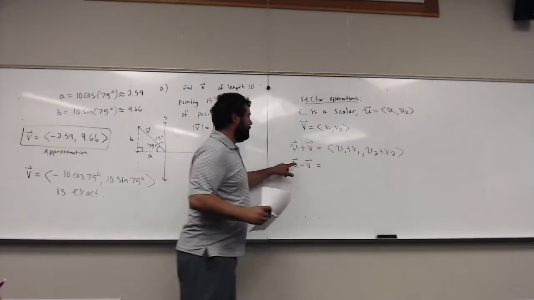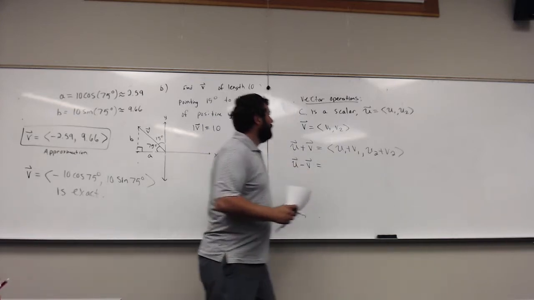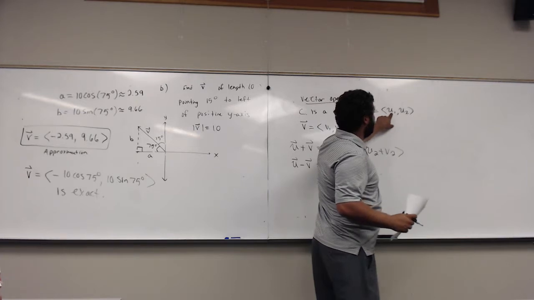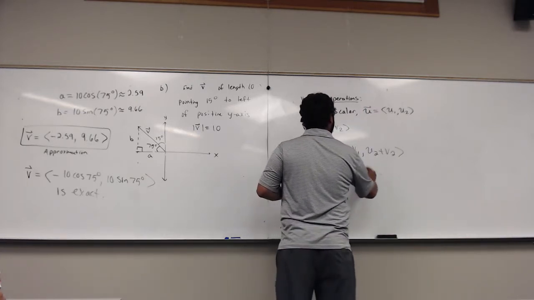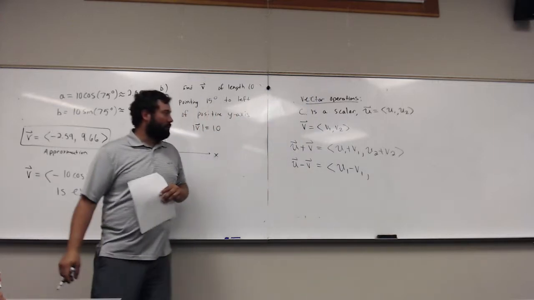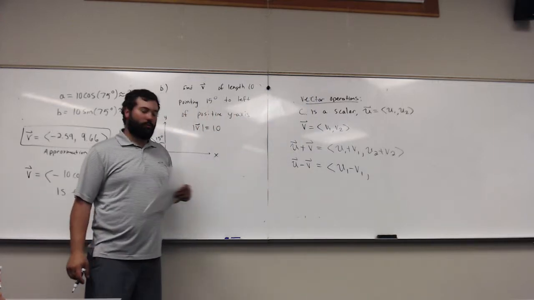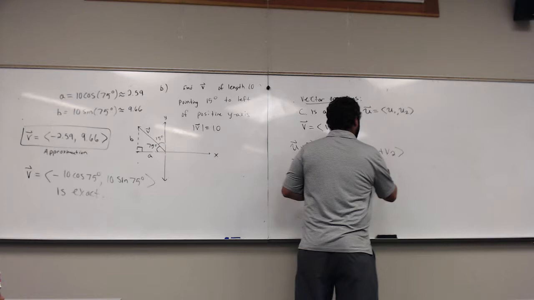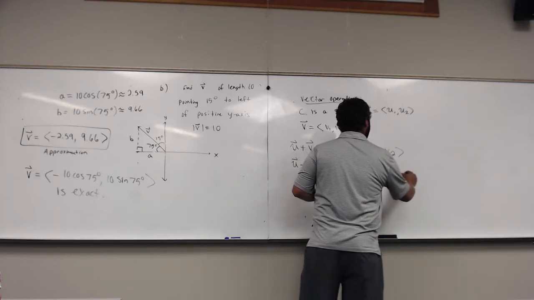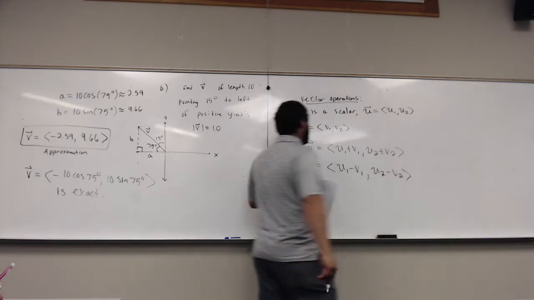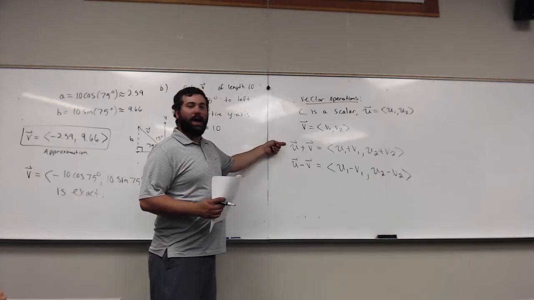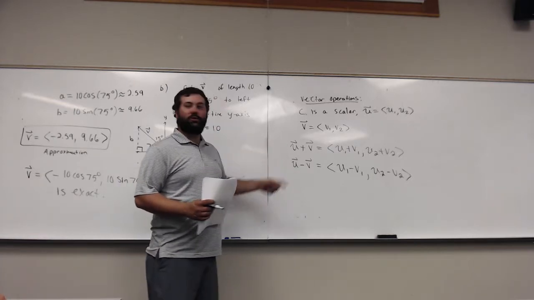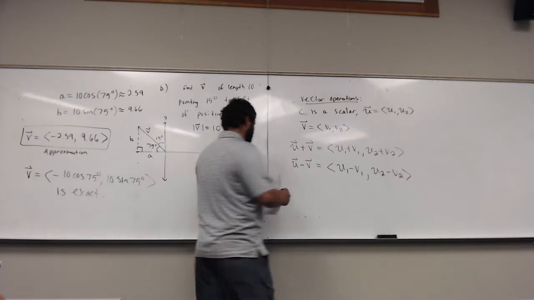Okay, if I'm going to do u minus v, I can take the first component of u minus the first component of v, and the resulting component of u minus v would be u sub 1 minus v sub 1, and the second component would be u sub 2 minus v sub 2. So that's the addition, you add component-wise. That's the subtraction, you subtract component-wise.